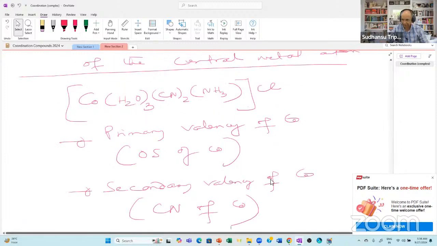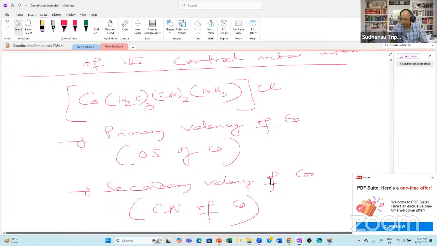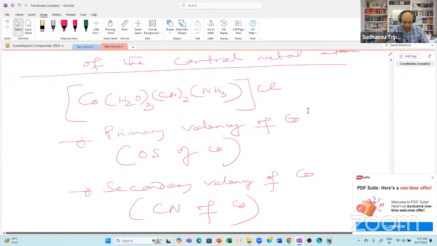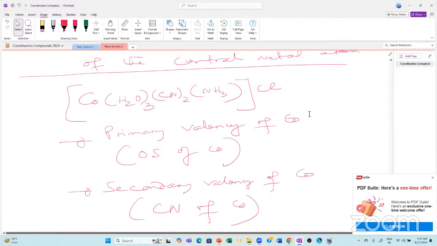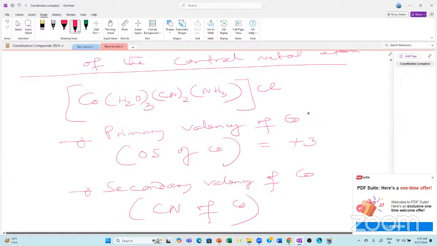Who can tell me? Yes, you can raise your hand. Quite a large number of guys are watching from outside. Congratulations to them. Yes, Sai. Sir, oxidation state plus 3, and coordination number 6.